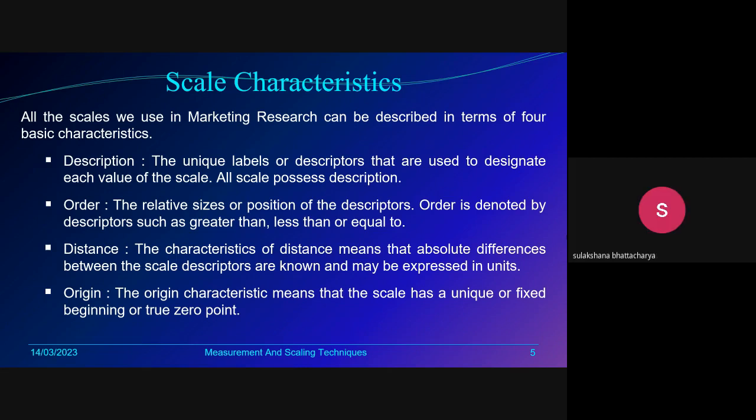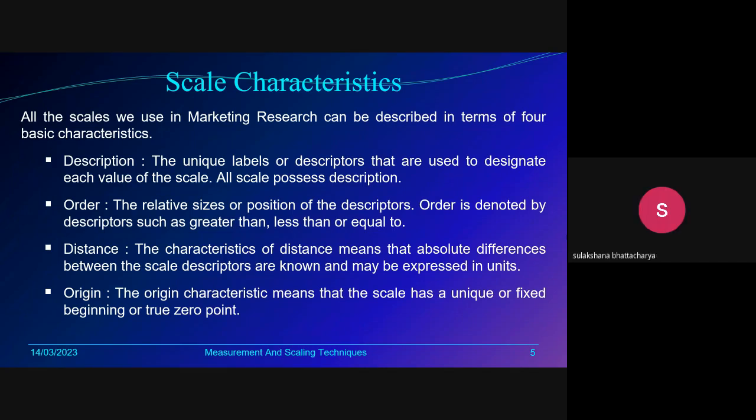And on the basis of this order, we have given the rank. So rank data has a characteristic which is called order. Can you tell me that ID has an order characteristic? No, sir.